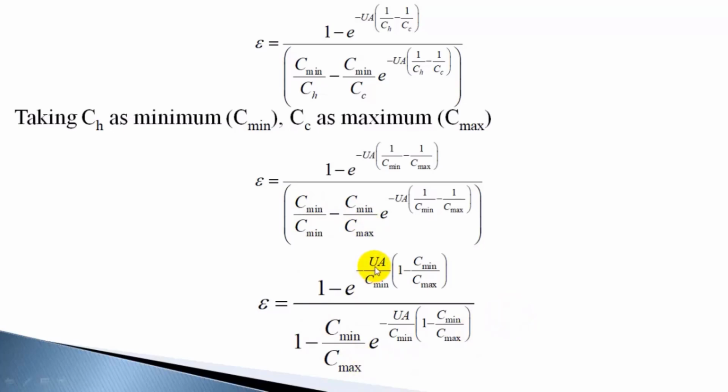Now we can replace UA by C minimum as NTU, as I have already mentioned in case of parallel flow heat exchanger. UA by C minimum is the number of transfer units. NTU represents the size of the heat exchanger.